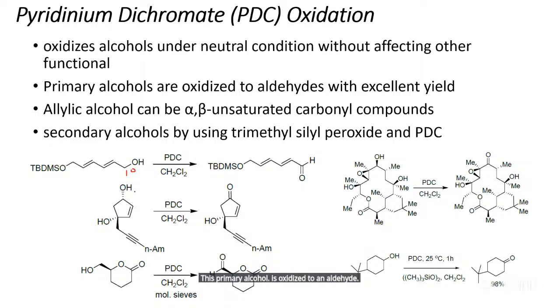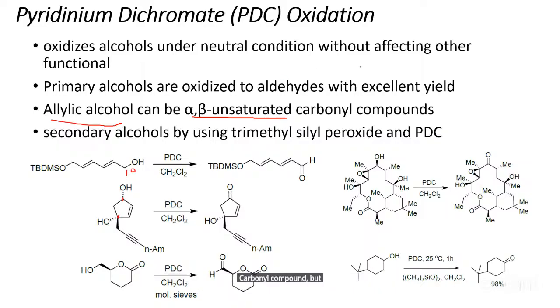While if you look at the second example, there is a secondary alcohol and a tertiary alcohol. This secondary and tertiary alcohol are both allylic alcohols. And these allylic alcohols are rearranged or oxidized to an alpha beta unsaturated carbonyl compound.